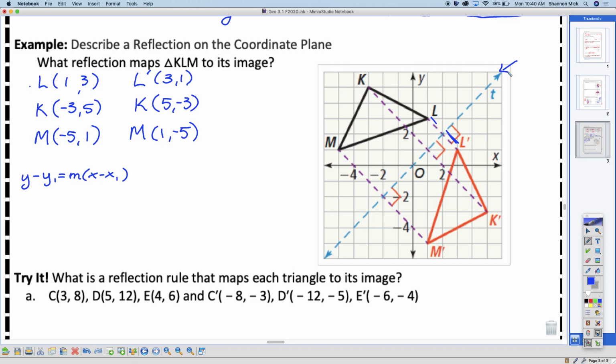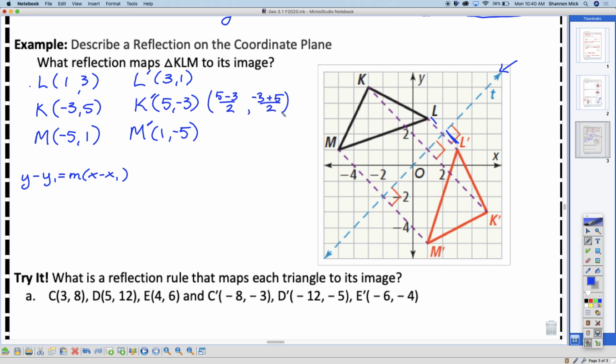So the midpoint of K and K prime: I'm going to add my x's, so I'd have 5 minus 3 over 2 and negative 3 plus 5 over 2.